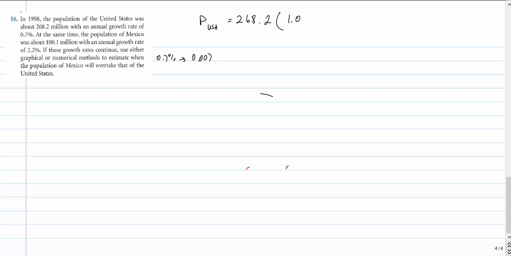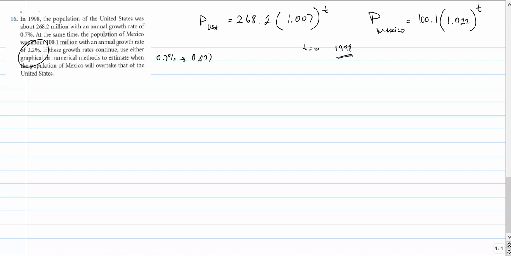Add 1, so 1.007 to the power t, and the population of Mexico is 100.1, with a growth rate of 2.2%, 1.022 to the power t, and so t is 0 in 1998. That's your starting year.